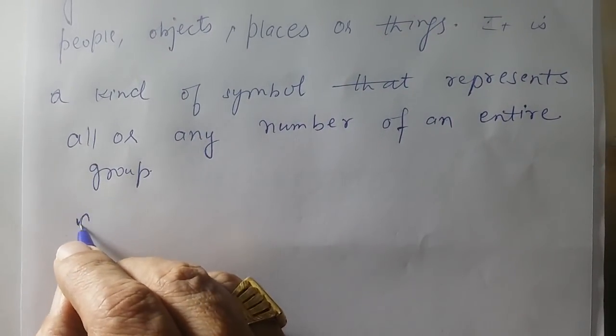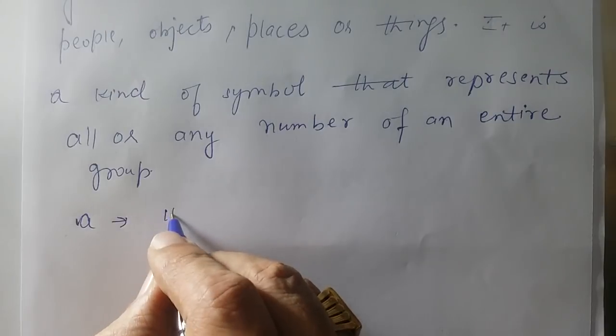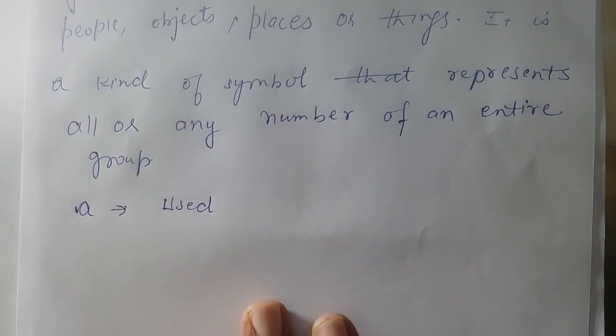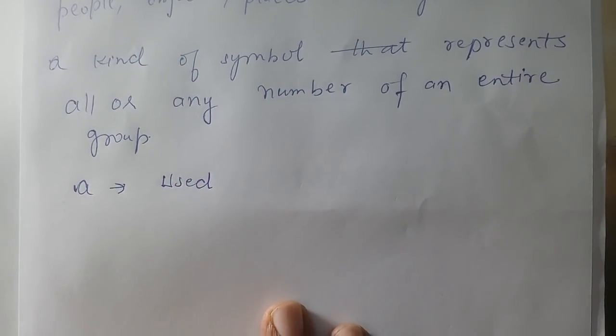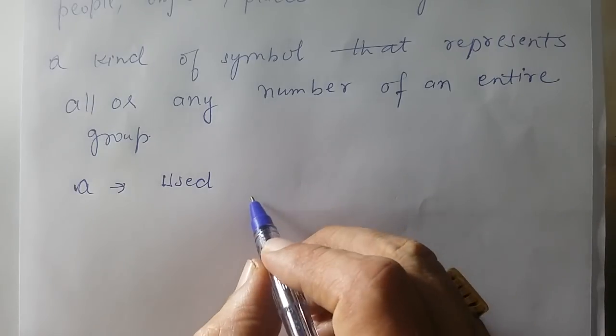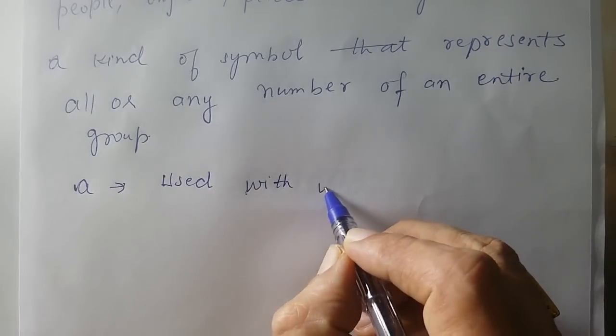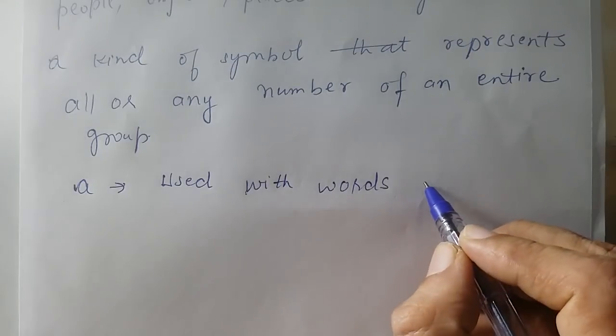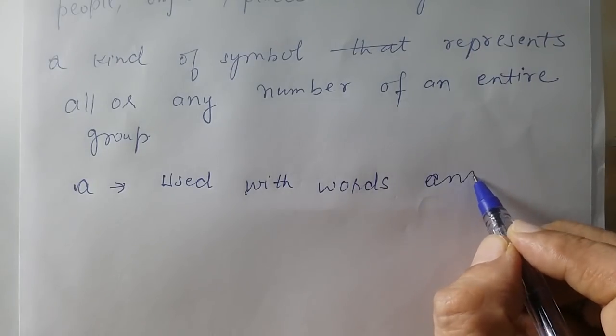First let me tell you where a is used. I know you know what a or an is, but use the technicality of the word, how technical meanings these words have.